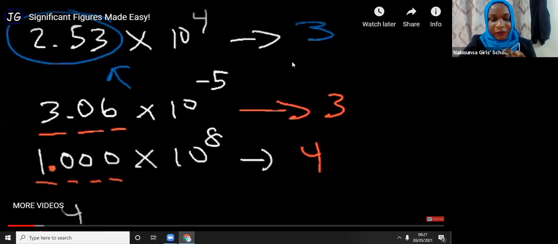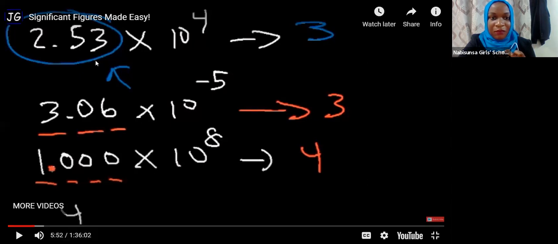Yes, Amal. When the digit is multiplied, the power is not considered, but the numbers are considered. So we have to count the numbers, but not the power. Okay, thank you. We'll come to multiplication.